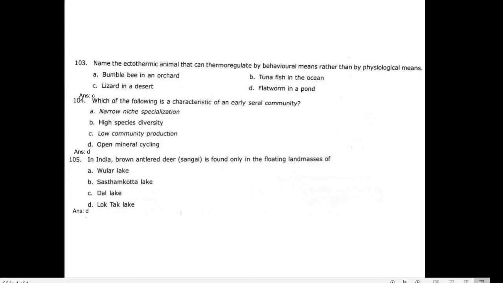In this open mineral cycling, we can see that the final stage, the climax stage species, follow some kind of nutritional changing, that is, the minerals are needed as nutrition.